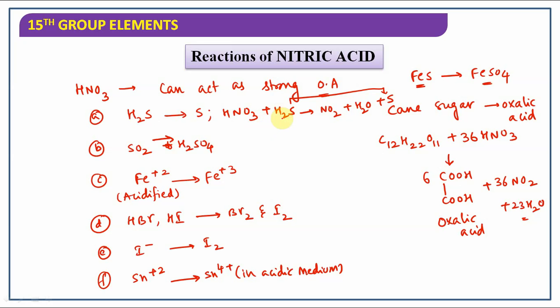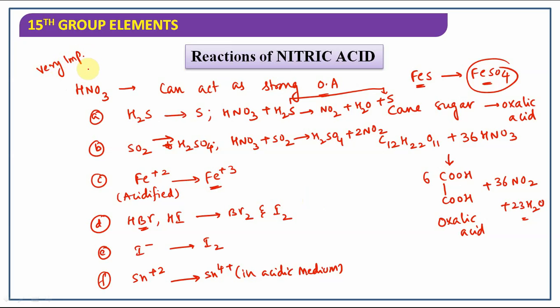Similarly, SO2 to H2SO4: HNO3 reacts with SO2 and is converted into H2SO4 plus NO2. Similarly, Fe2 plus to Fe3 plus, HBr to Br2, HI to I2, Sn2 plus to Sn4 plus, FeS to FeSO4.